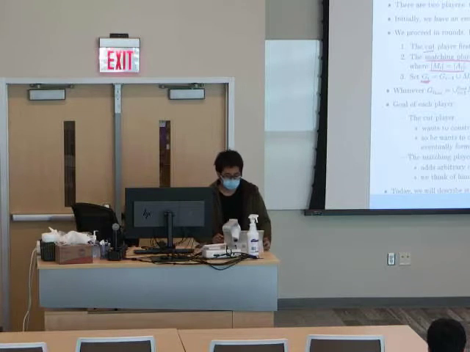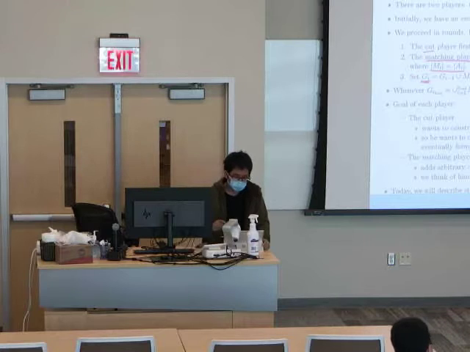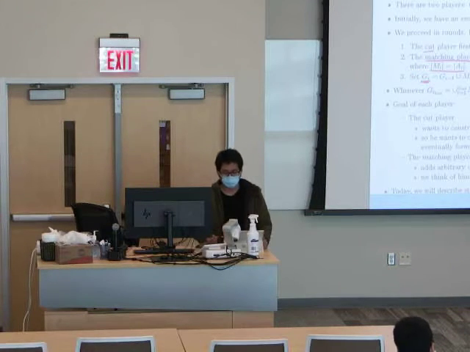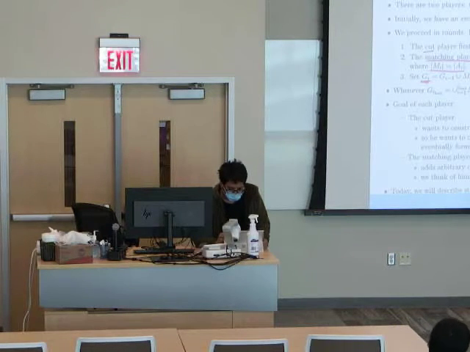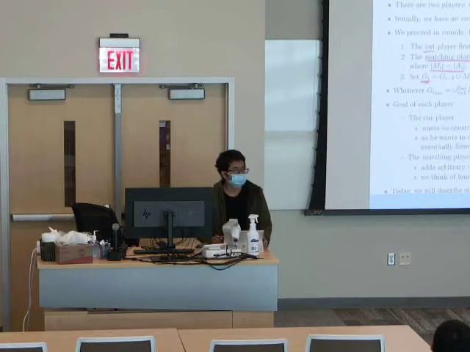Now, what if we define the cut matching game such that in each round, you divide the graph into two sides, such that the total demand on the A side is the same as the total demand on the B side.